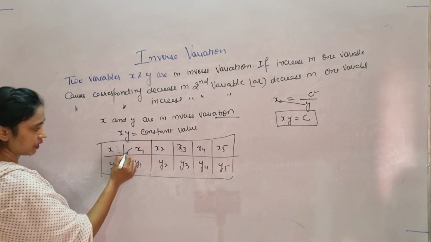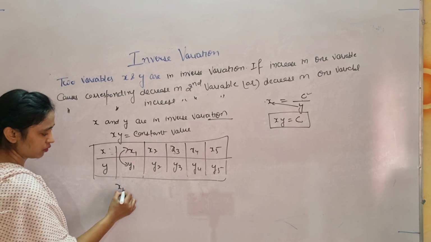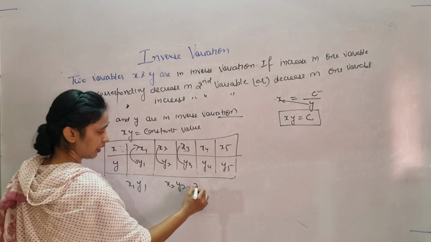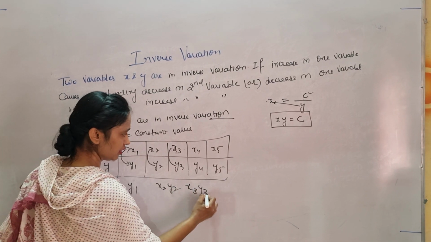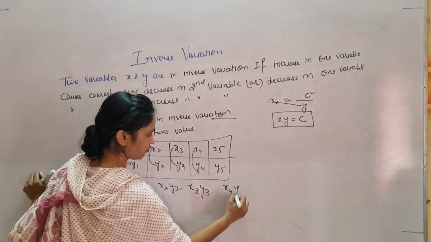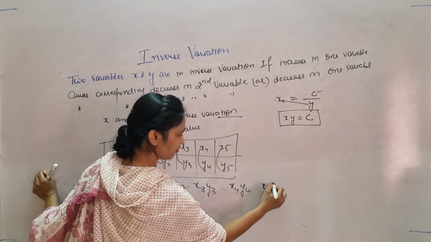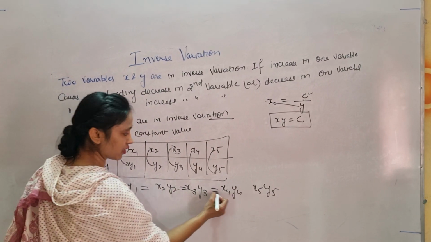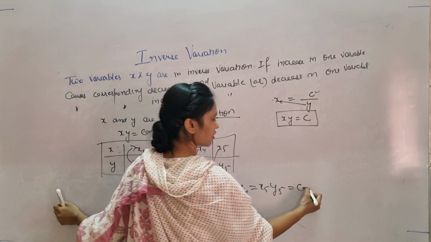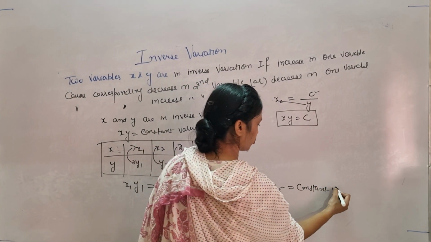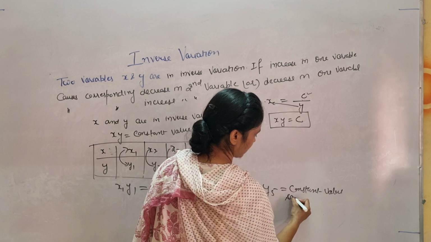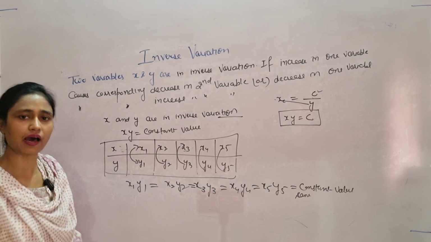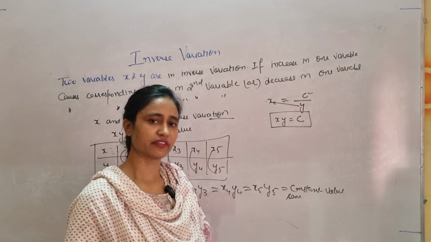We will multiply the corresponding values, x1 y1, then x2 y2, then x3 y3, x4 y4, x5 y5. If all of these give the same value, the same constant value, then you will say that these two variables are in inverse variation.